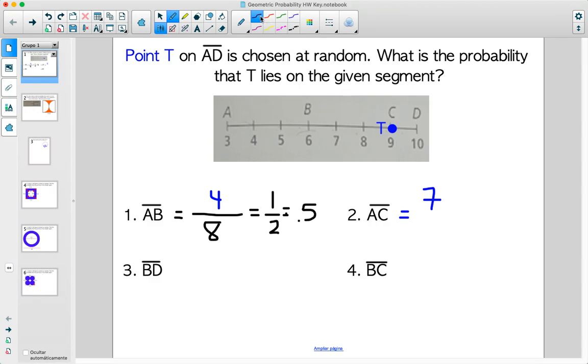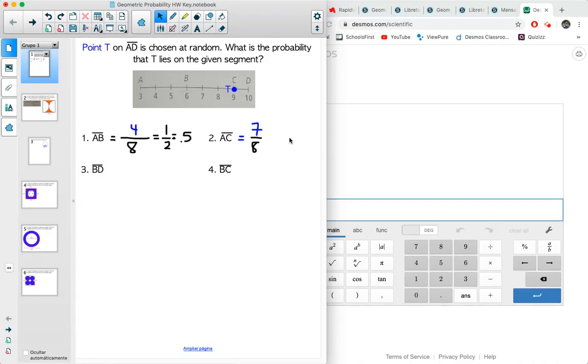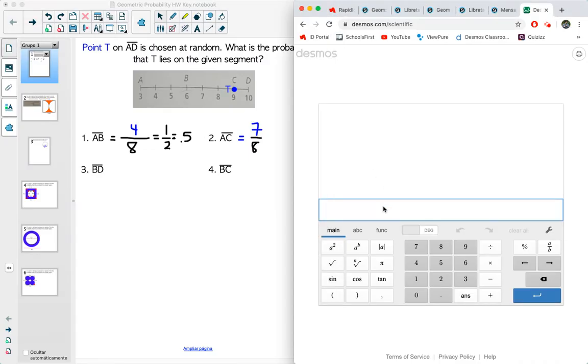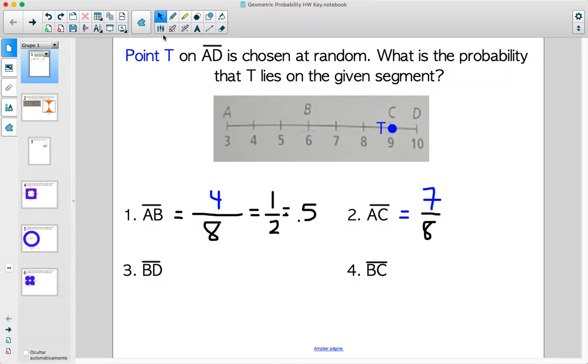So 7 over the length of the whole segment, which is 8. If you want to turn this into a decimal so that we can understand it, you can always use decimals. So 7 divided by 8 gives you 0.875 or 87.5%.